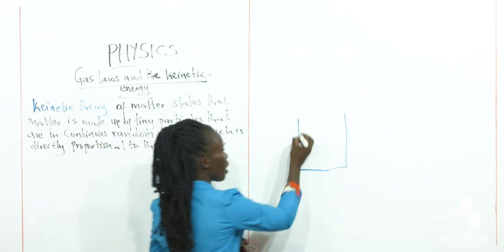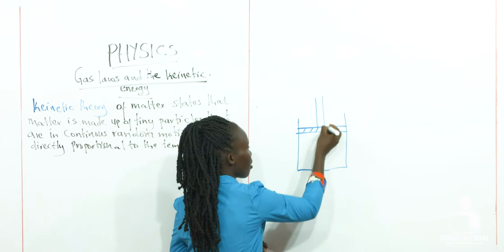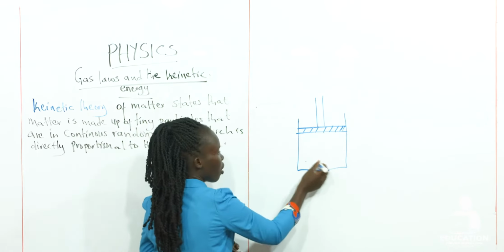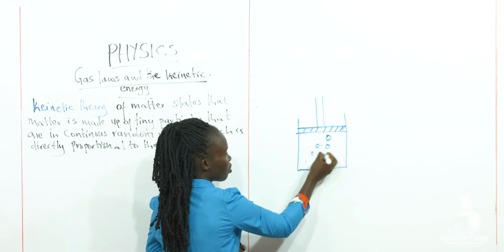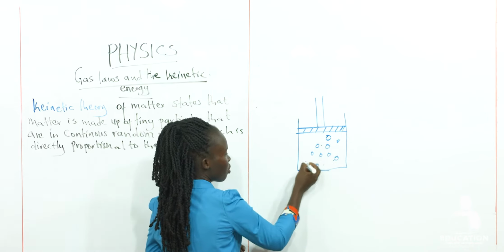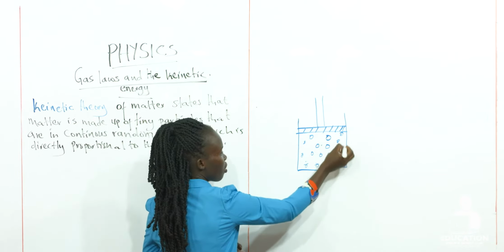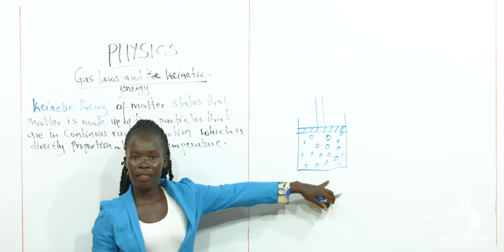Let me say that we are going to confine some gas. This is more like the piston. We have the gas here. Let me have it as a circle so that it can be visible. These are the molecules of the gas in the container.